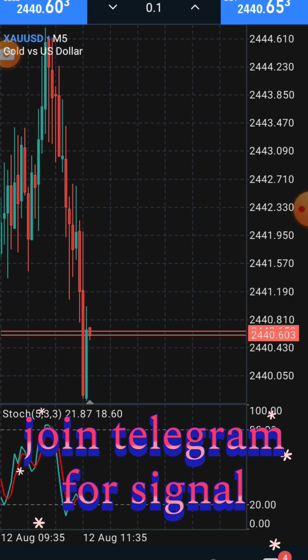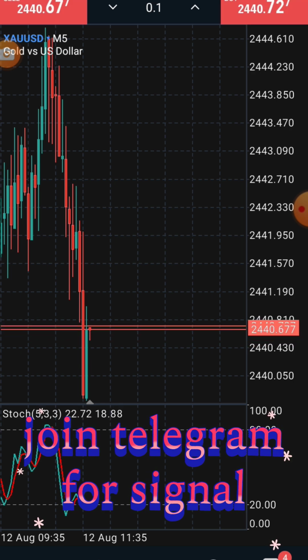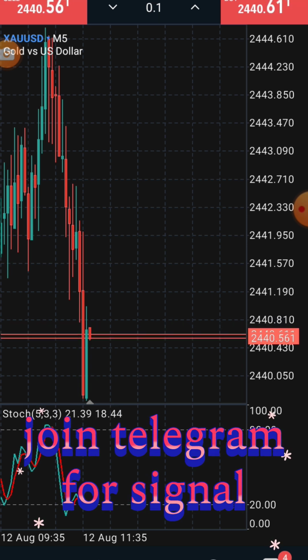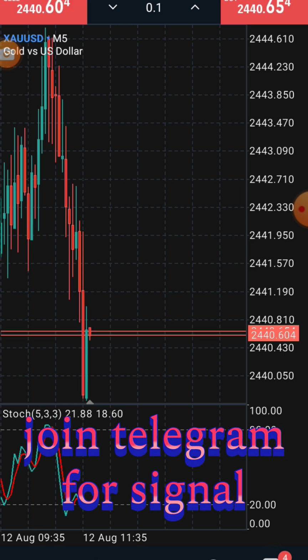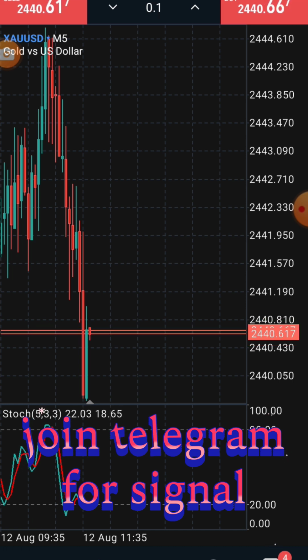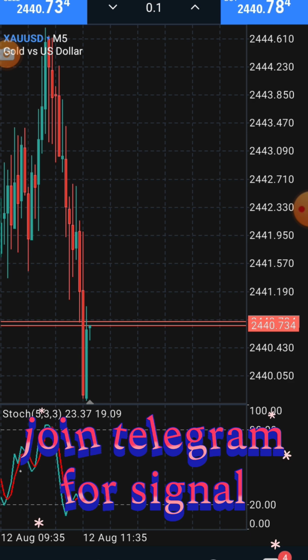If a pip is moved, for example, if you take a mini standard lot size, for example 0.1 lot size, if the pip moves 1 pip, then the price will change by $1.